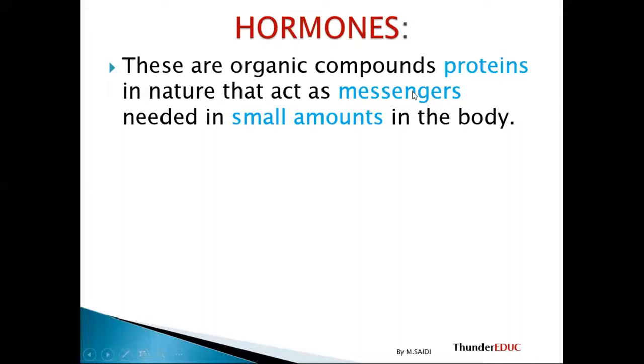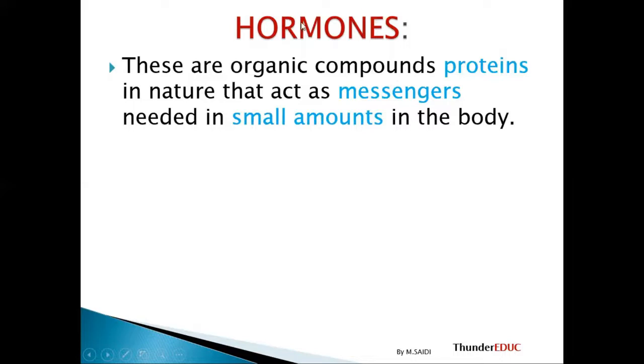They bring the communication. The brain must send the hormones to the breast so that more milk is produced. So the brain wants to instruct the breast so that it can produce more milk. It does it by producing a hormone called prolactin.